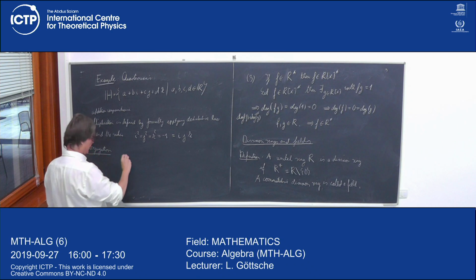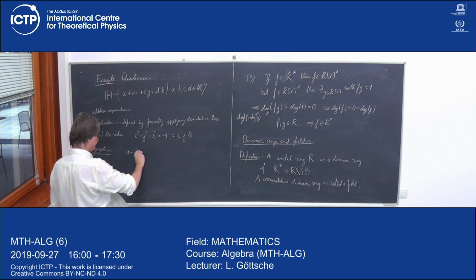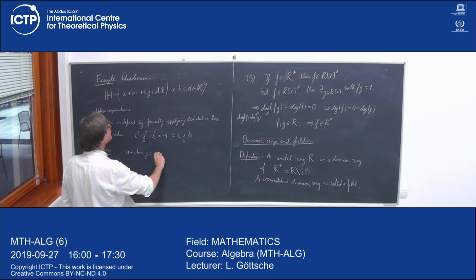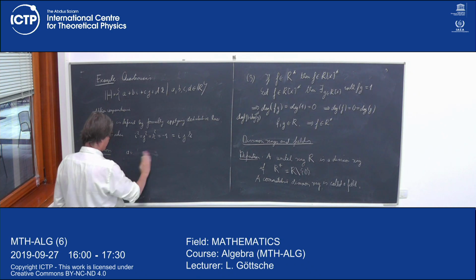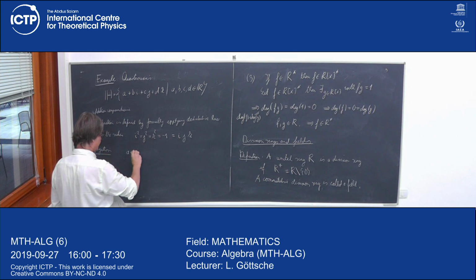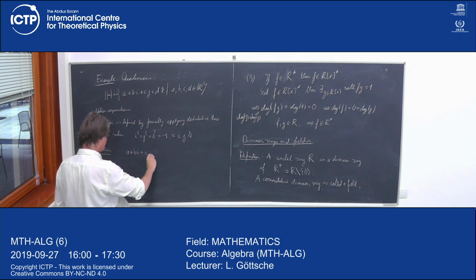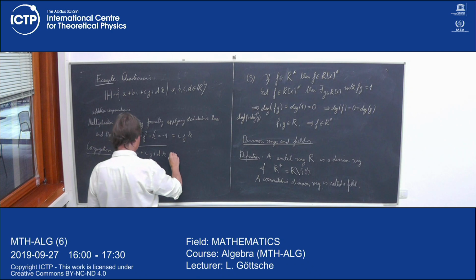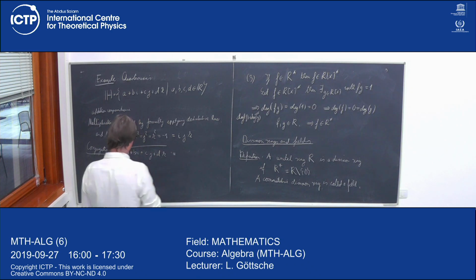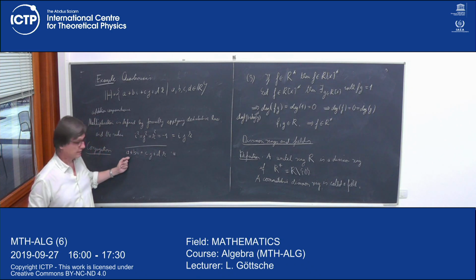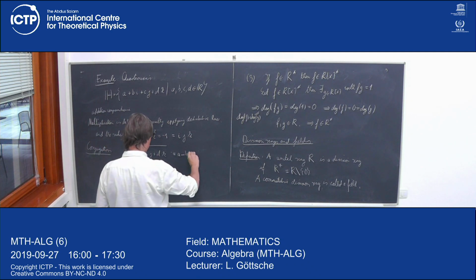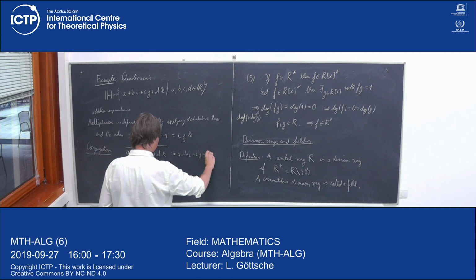So if I have such a tuple, a plus bi plus cj plus dk, we can define the conjugate, and this is defined to be: I change the sign of everything except for this one. So this is a minus bi minus cj minus dk.